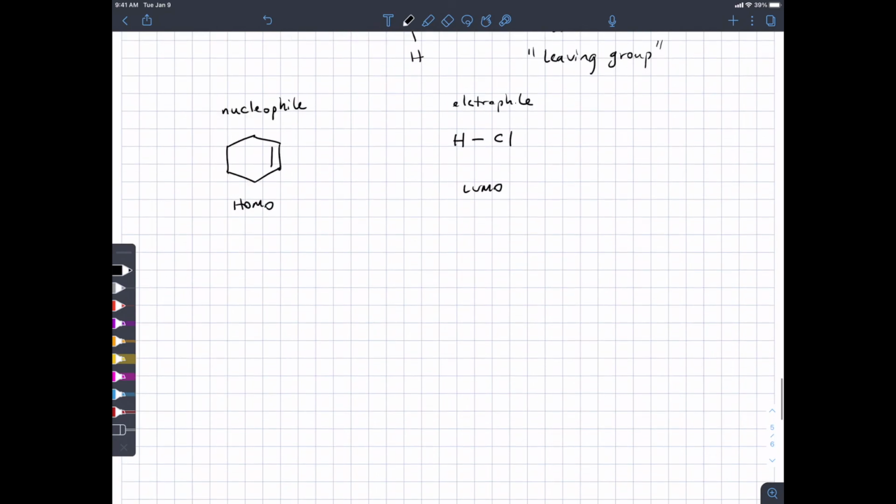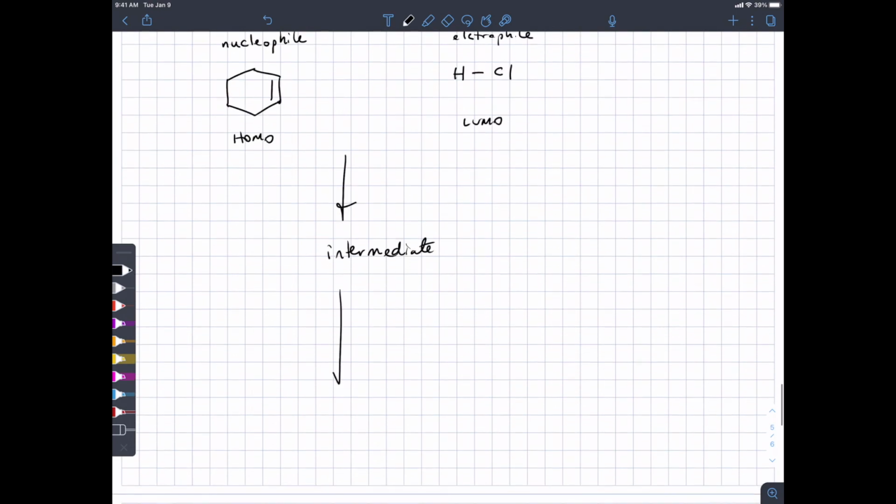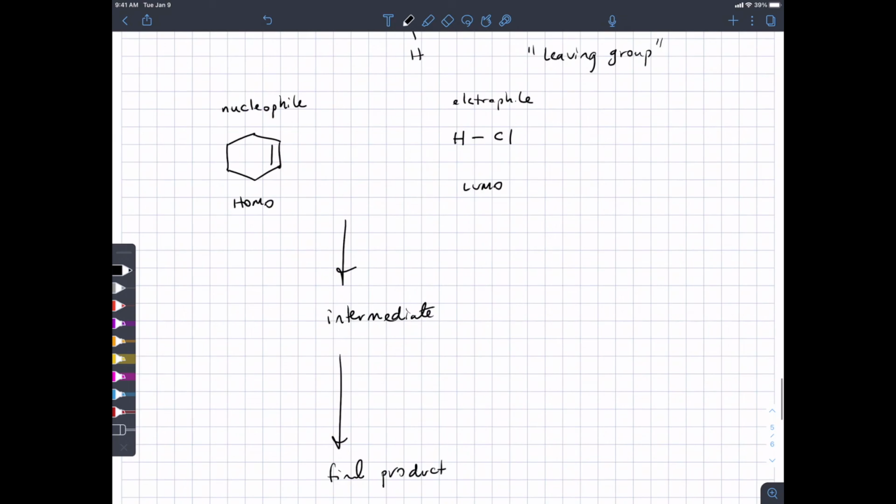So I want you to predict what the intermediate is, and then I want you to predict what the final product is, and you can do that by following through HOMO and LUMO. Okay, give that a try. If you need help, there should be information in the study guide. But I will just tell you, this is a chapter 10 reaction, which you will already be ready to deal with.